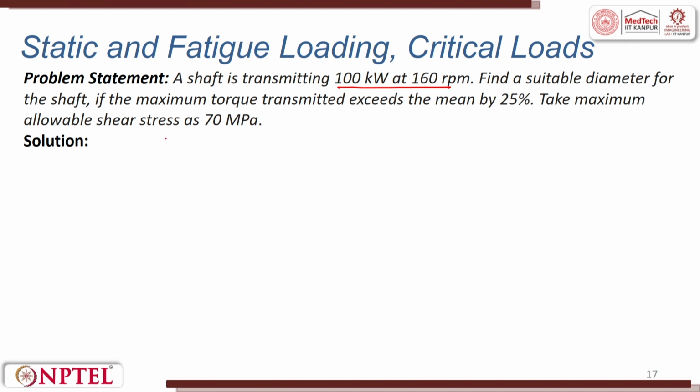Find a suitable diameter of the shaft, if maximum torque transmitted exceeds the mean by 25%. Take the minimum allowable shear stress as 70 megapascal. So, we are talking about shear stress. Now, we have the value 70 megapascal as my value of tau.